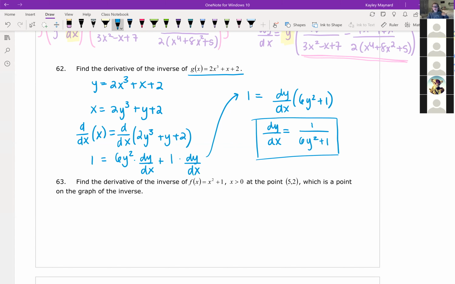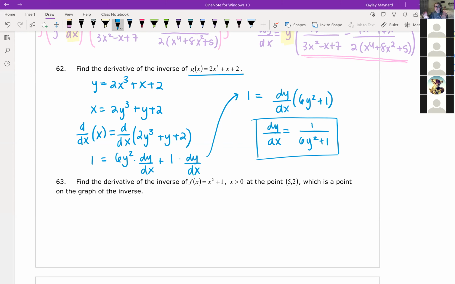If you're asked to find the derivative of the inverse, you have an extra step as opposed to just finding a derivative. Your first step is to switch the x's and the y's, and then your next step is to differentiate. That's because with regular functions, you go from the domain to the range.